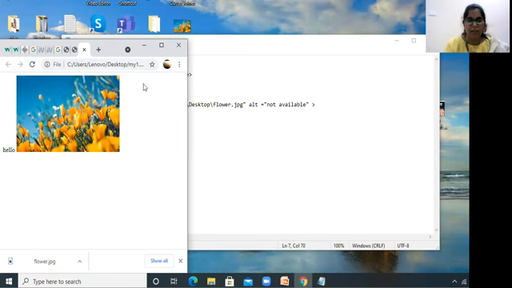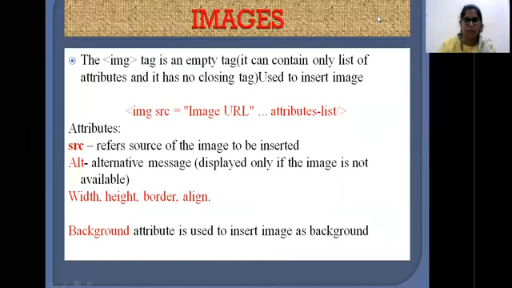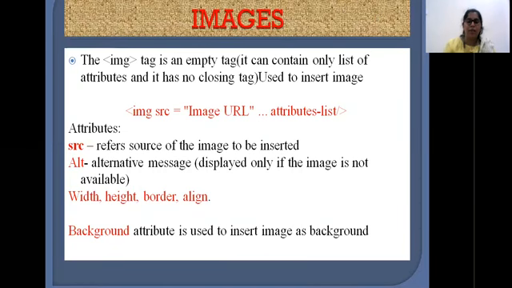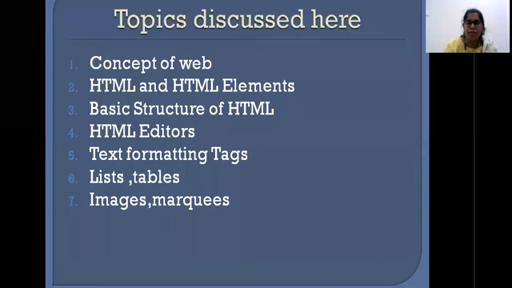Finally, this is about images. We can insert images into our web page with the help of an IMG tag, or we can make them backgrounds for our complete web pages with the help of the background attribute. And these are the topics which we have discussed today.